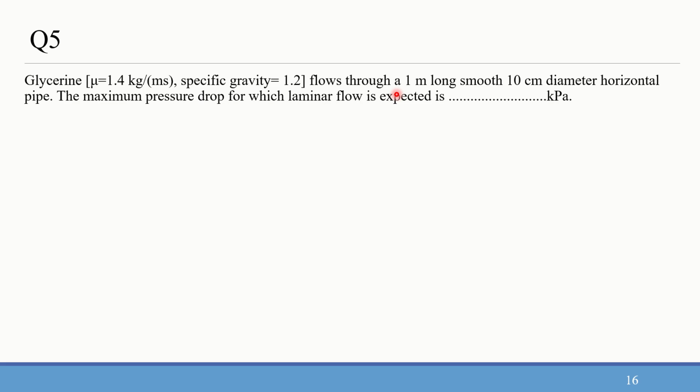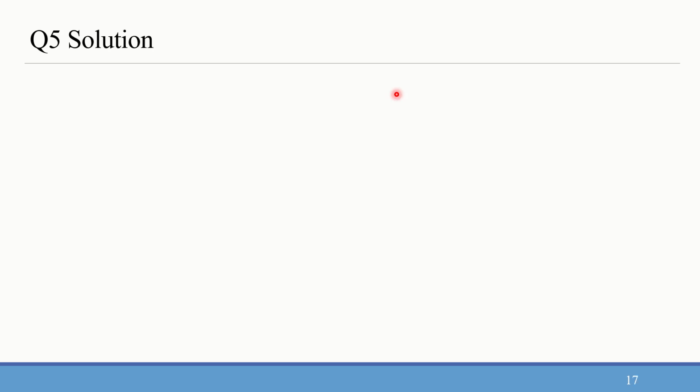So glycerin viscosity is known, density is known, and the pipe in which the glycerin flows has a diameter of 10 centimeter and length of 1 meter. So what is the maximum pressure drop for which we can expect the laminar flow? To calculate the pressure drop, we'll see in what ways we can get the answer.